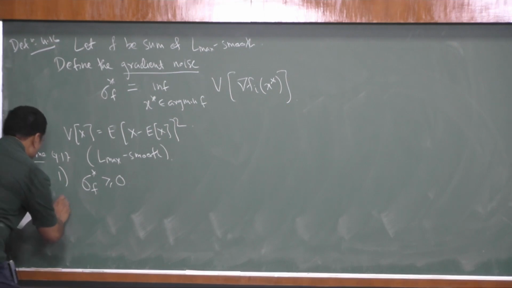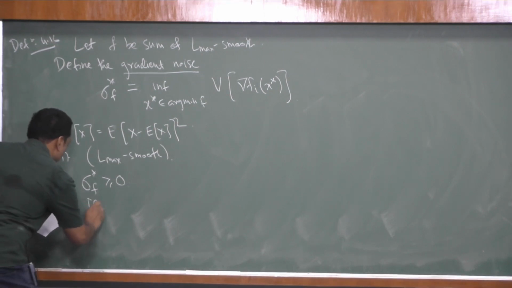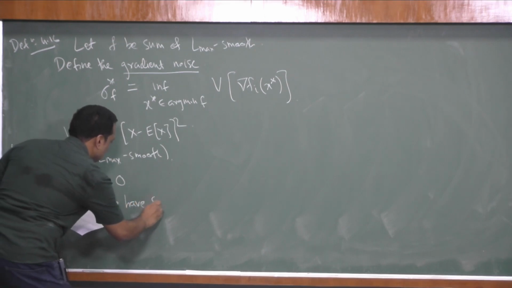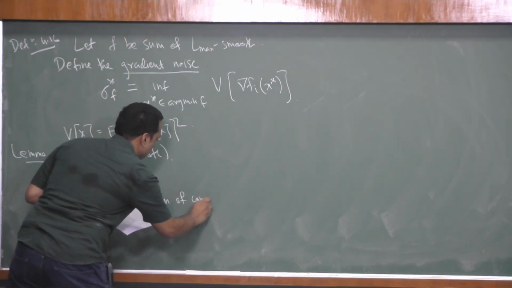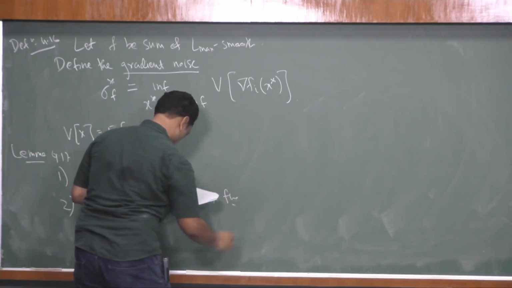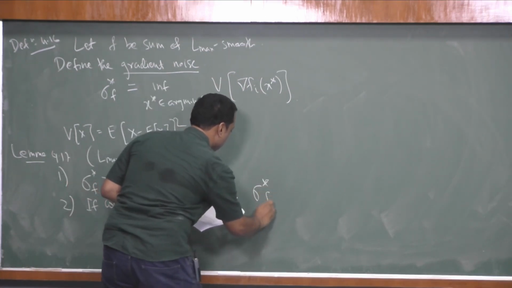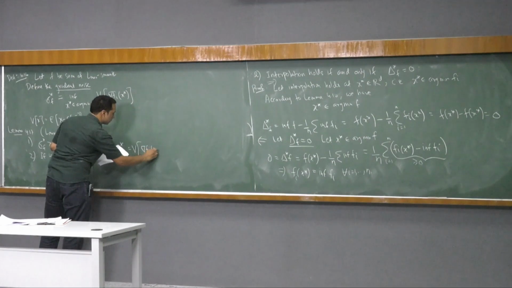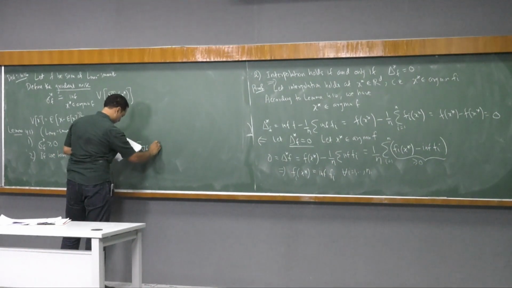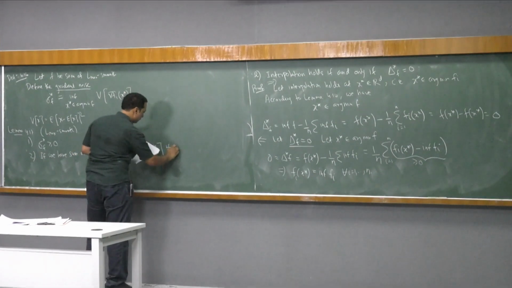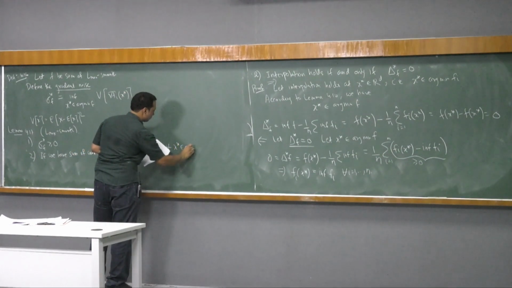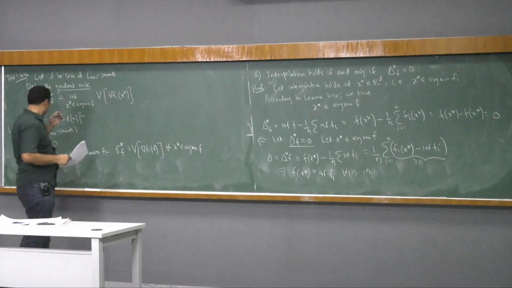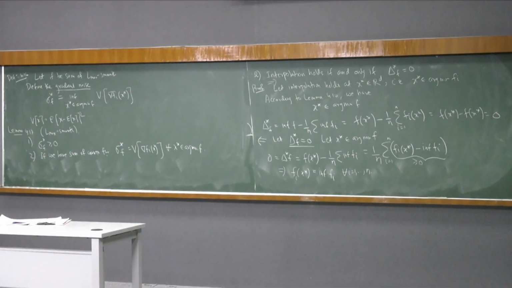And if we have a sum of convex functions, then sigma star f is the variance of grad f_i at x star for all x star in arg min of f. So if you have a sum of convex functions, this is how sigma star f will be.